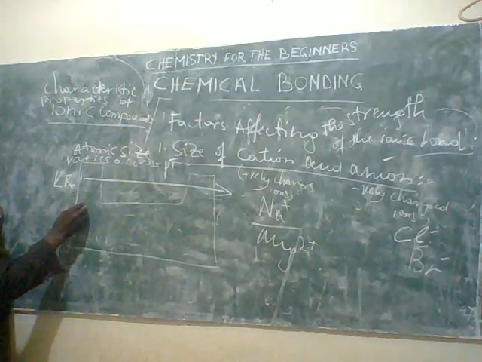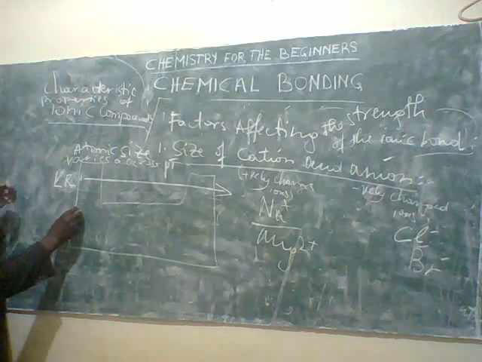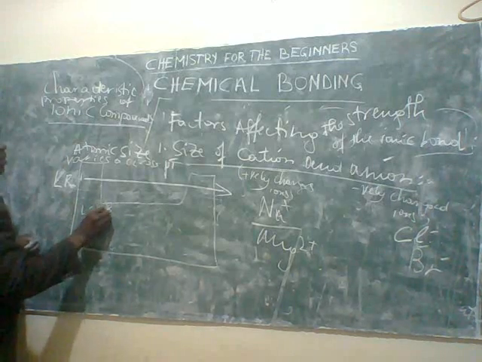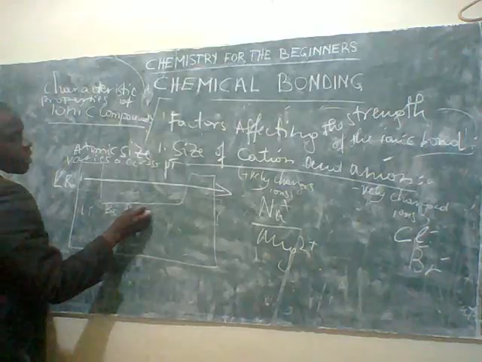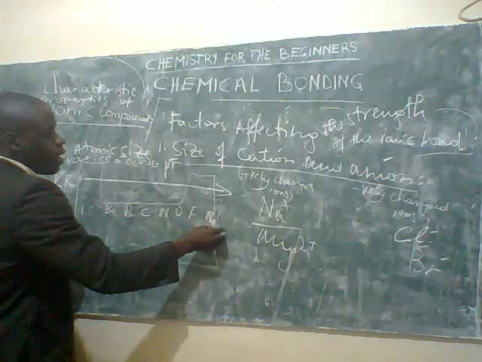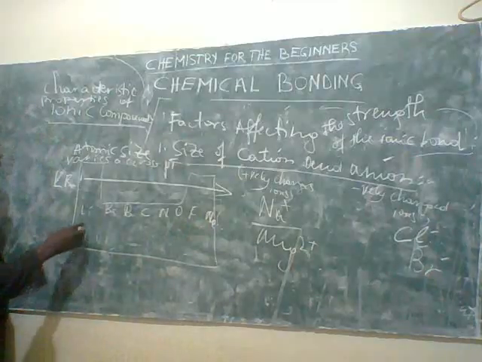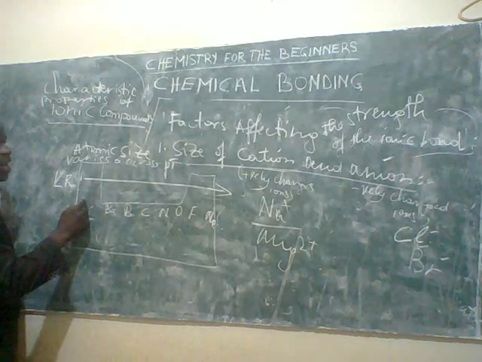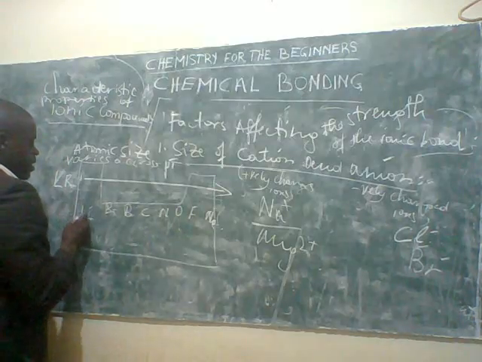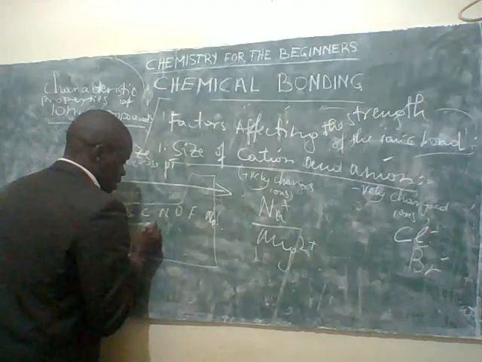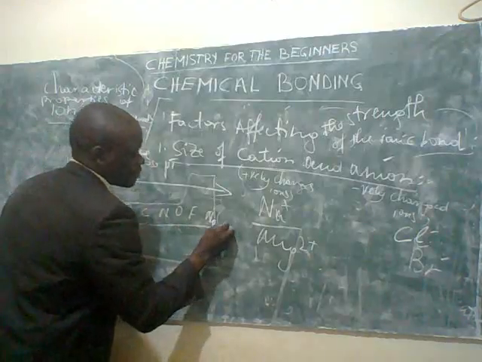For example, here we had lithium, beryllium, boron, carbon, nitrogen, oxygen, fluorine, and neon, which means from left to right, in the same period, the atomic size decreases.